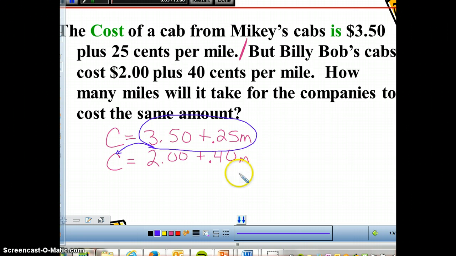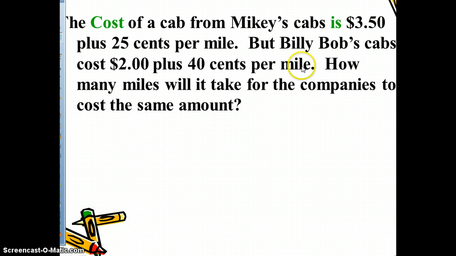So this bottom equation becomes 3.50 plus 0.25 m equals $2 plus 0.40 m, and I'll use basic algebra to solve that one. I'm not going to finish it because you can do that on your own. Okay, I'm going to go ahead and go to the next slide and help you set up another one.